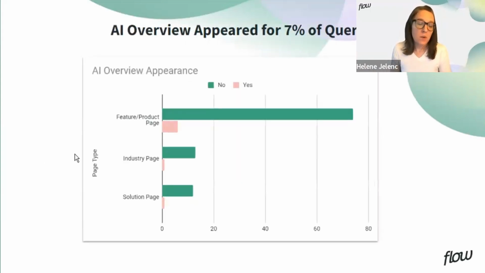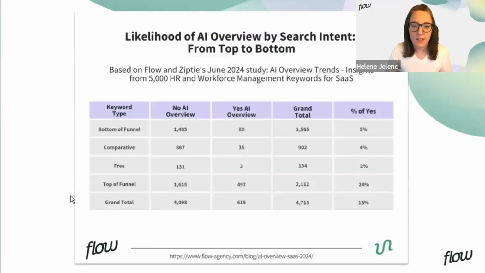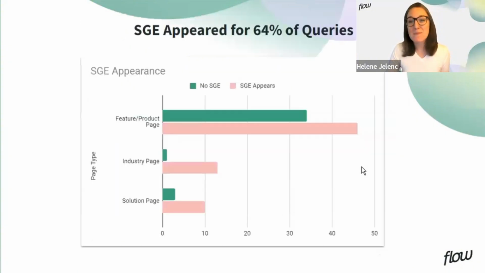I did another check once AI Overview launched, around May, and it appeared for 7% of the queries. When we look at this, it's mirroring what we were seeing before. So 7% of the bottom of funnel, and here 5%. I'm really, really happy to see those changes, because it's a lot better than 64%. That is a lot of space being taken up on search results from AI generated content.